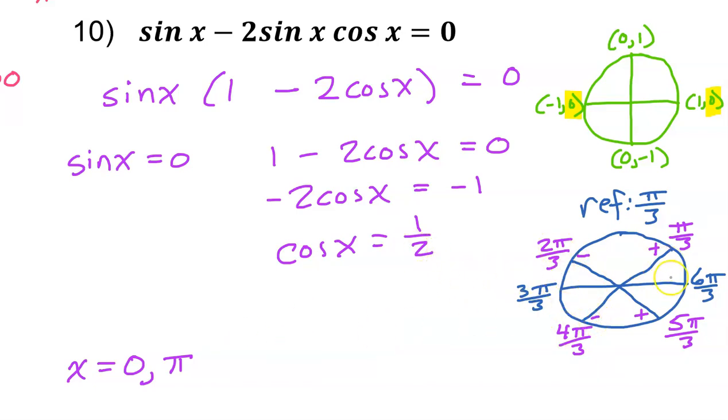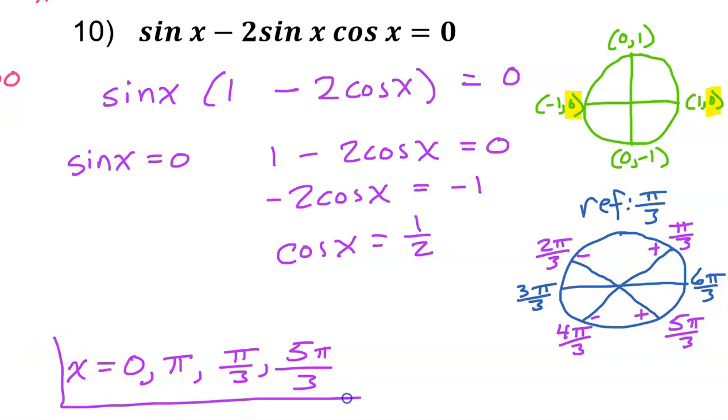Since I want a positive 1/2, that's going to be pi over 3 and 5 pi over 3. So in addition to the two answers I already have, I'm going to tack on pi over 3 and 5 pi over 3. So problem number 10 has 4 solutions.